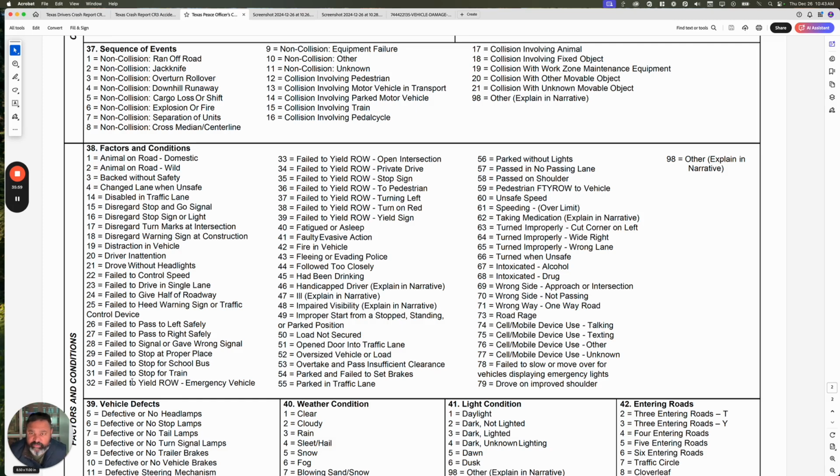Understand that just because an officer puts something down in the accident report does not mean that is the final word. Understand that these reports are the officer's impressions at the scene. Oftentimes it depends on who they talk to and what they're seeing at the scene.